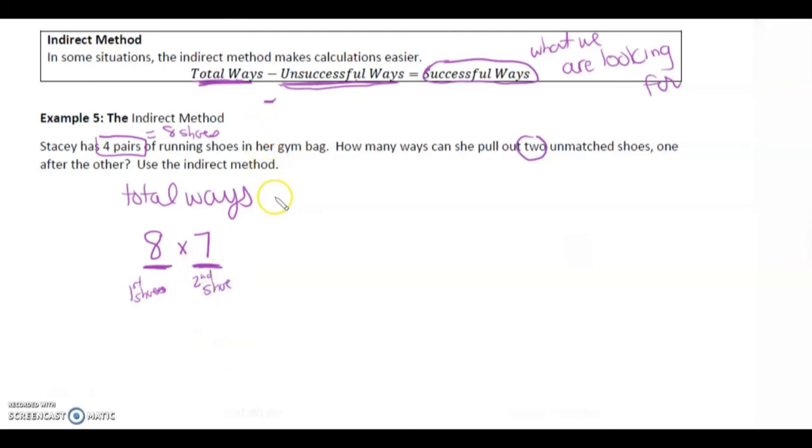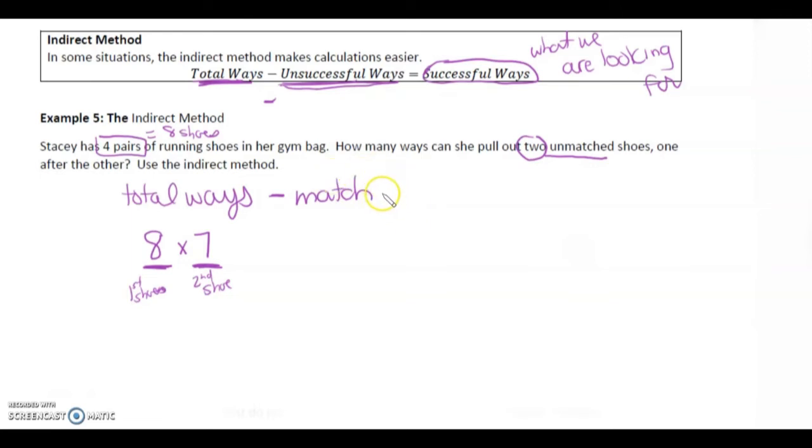And what we're going to do is subtract the unsuccessful. The unsuccessful way of having unmatched shoes would be actually matching them in this case. A little bit backwards thinking, because you'd think, wouldn't you want matching shoes in real life? But that's not what the question's asking.